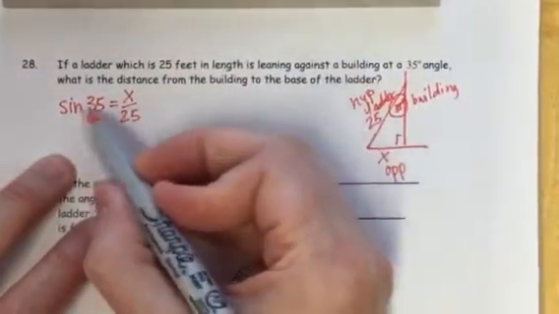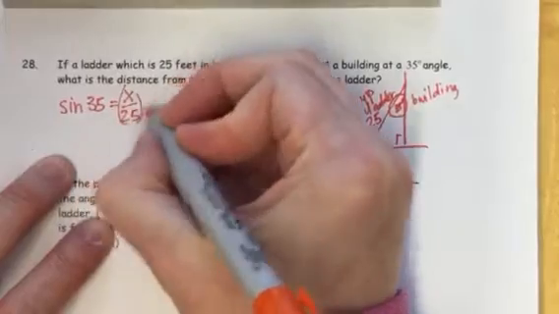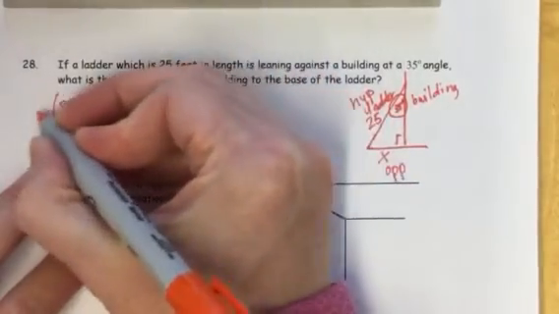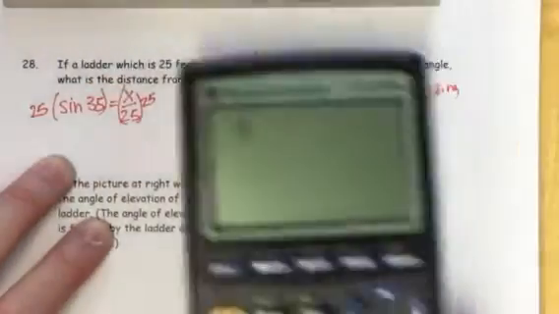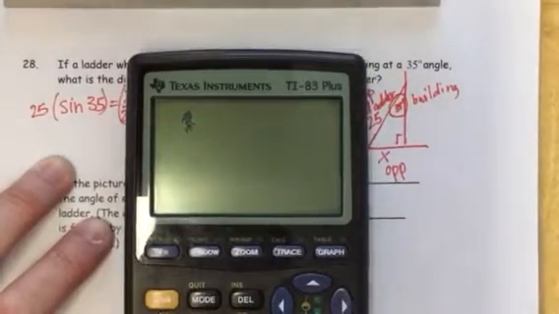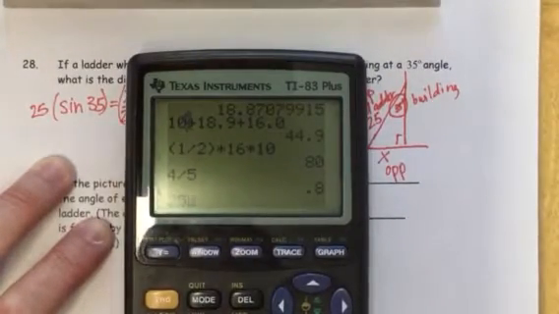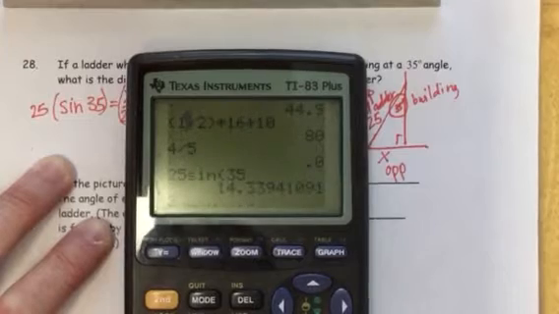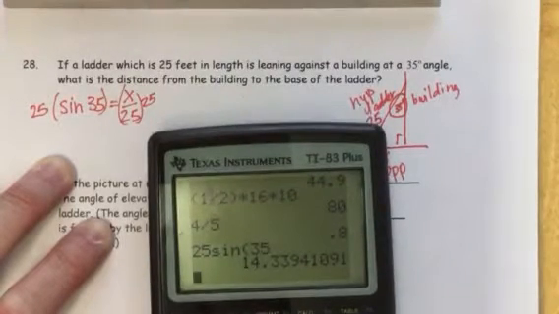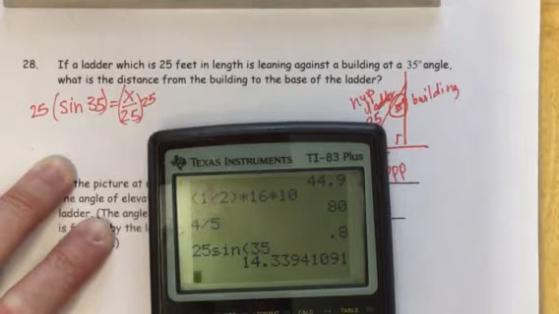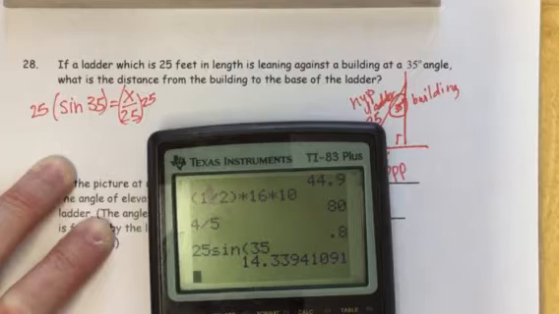So I can find this by multiplying both sides by 25. So I'm going to take 25 sine 35 and I get 14.33 stuff. They don't tell us what to label or how far to go.